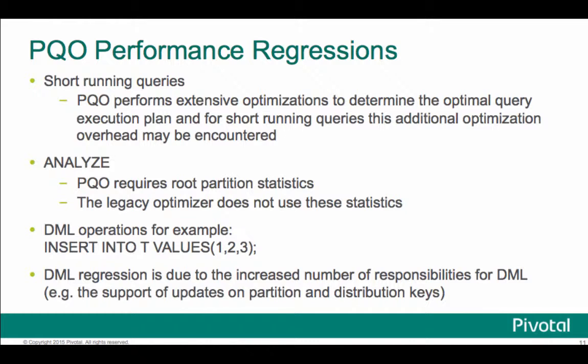DML operations have higher overhead, and that's due to the increased number of operations in these DML operations. For example, in order to support an update on a partition key or a distribution key, the update is a little bit more complex than it was with Planner.